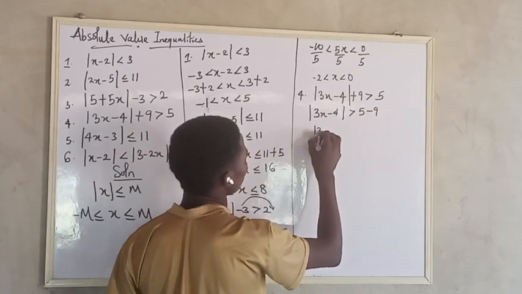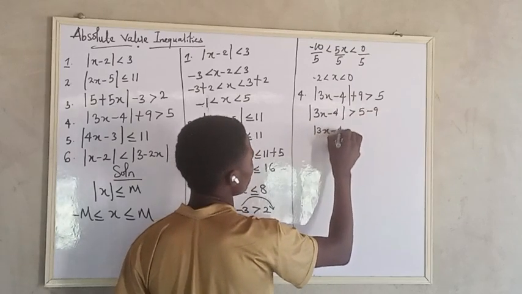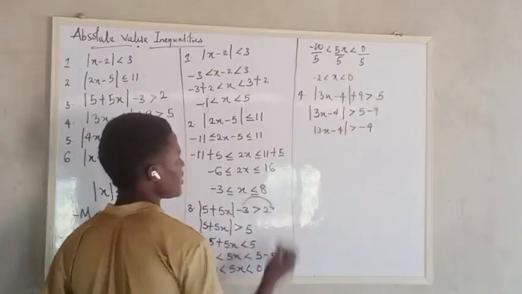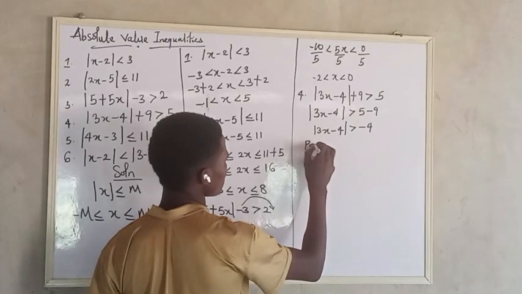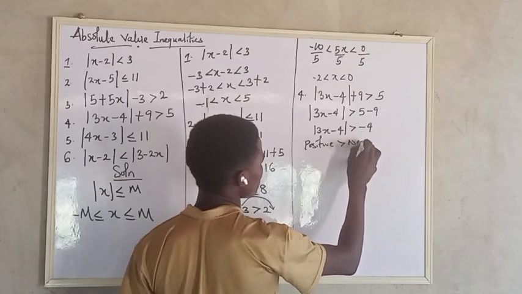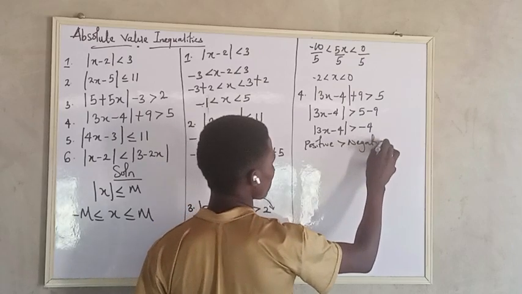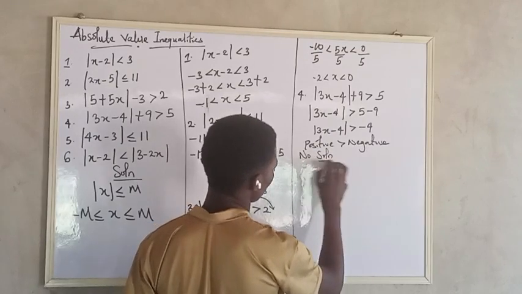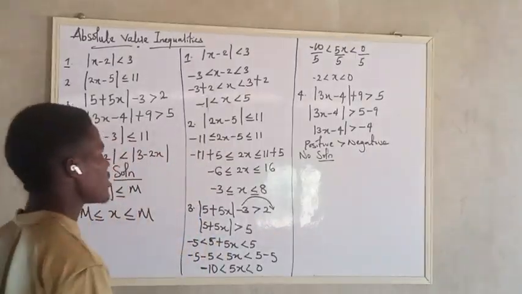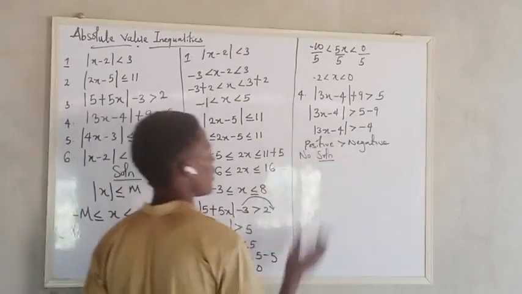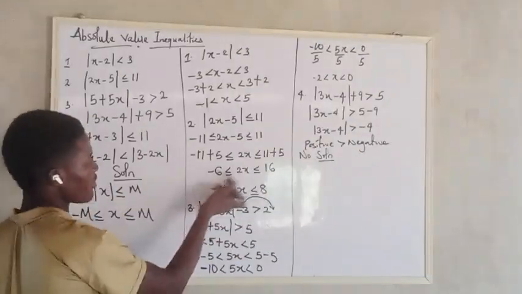And that will be 3x minus 4 greater than minus 4. You can see here we have positive on this side and we have negative on this side. So because of that, there is no solution to this. No solution to that particular question because both sides are not positive. I explained that while I was doing this.